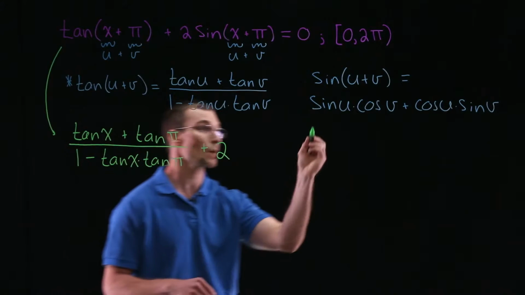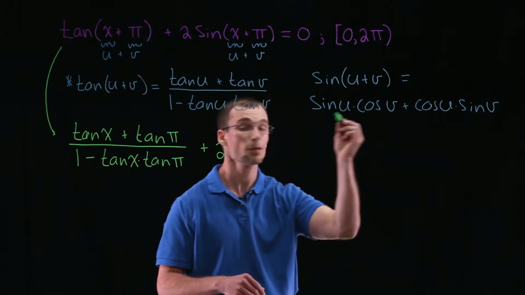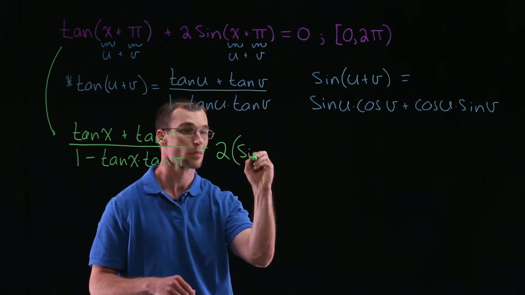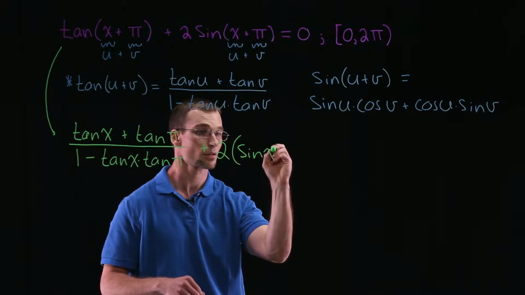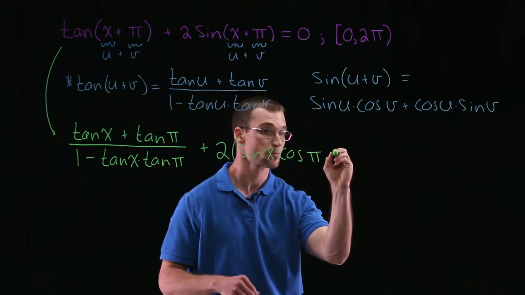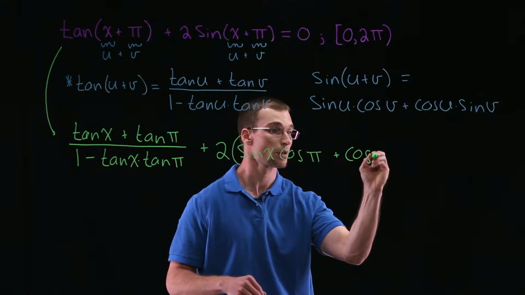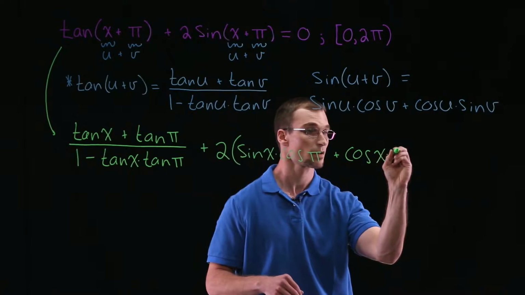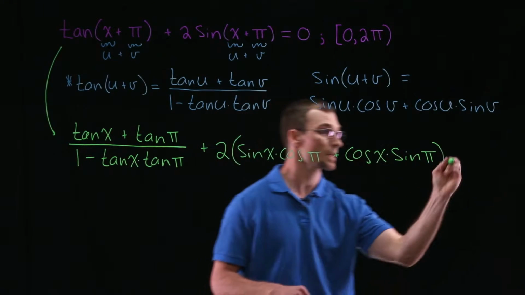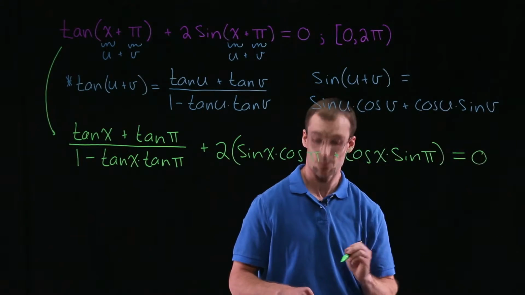And for sine of x plus pi, we use the right-hand side of our sum formula. So it's going to be 2 times the entire quantity, sine of x times cosine pi plus cosine of x times sine of pi, and that again is all equal to 0.